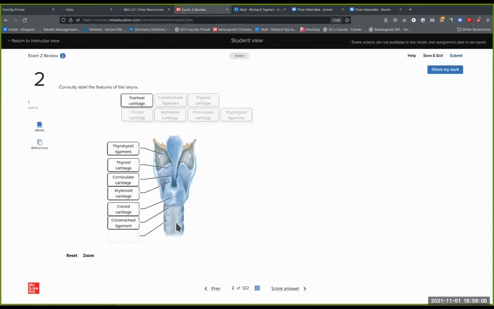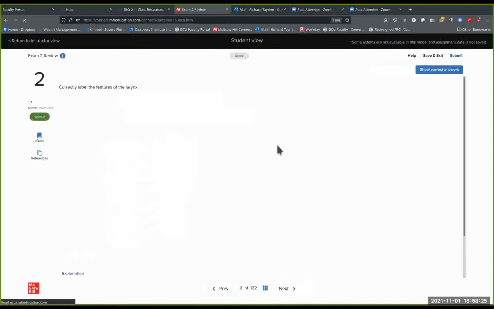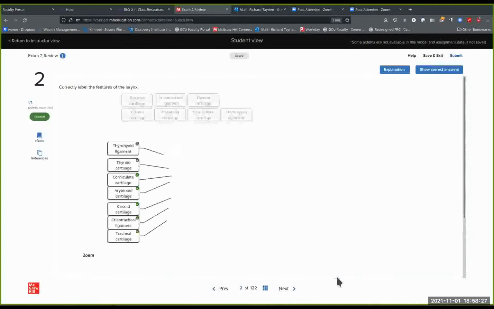And then, of course, tracheal cartilage are these down here. I think the cricoid cartilage is the only one that goes all the way around the trachea. There we go.